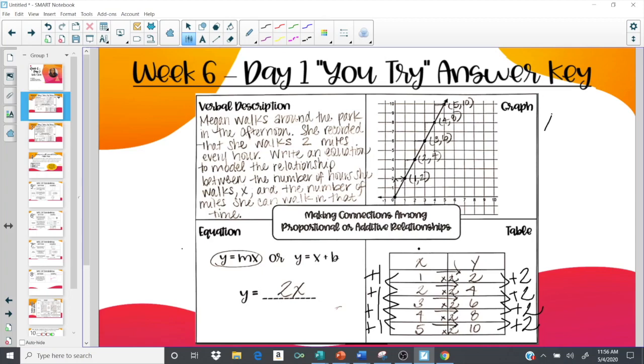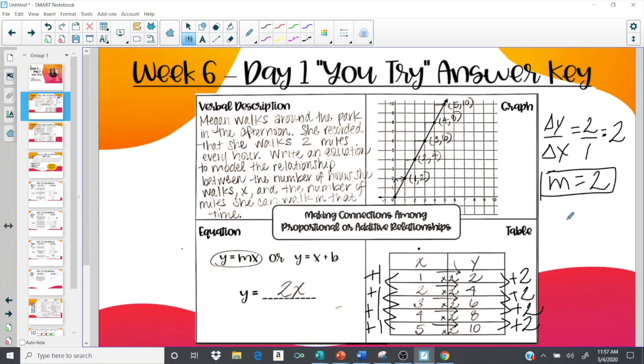So from there, you will use the formula change in y over change in x, which will be 2 over 1, which is equal to 2. Therefore, your slope, again, is equal to 2. And there's 2 ways you could have determined the slope.